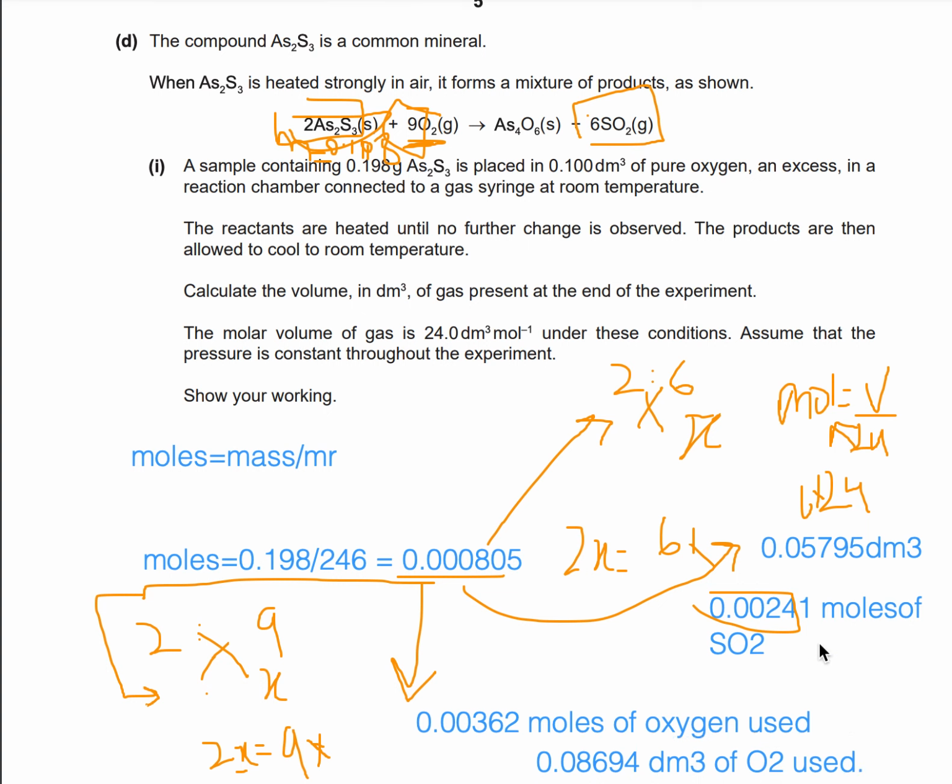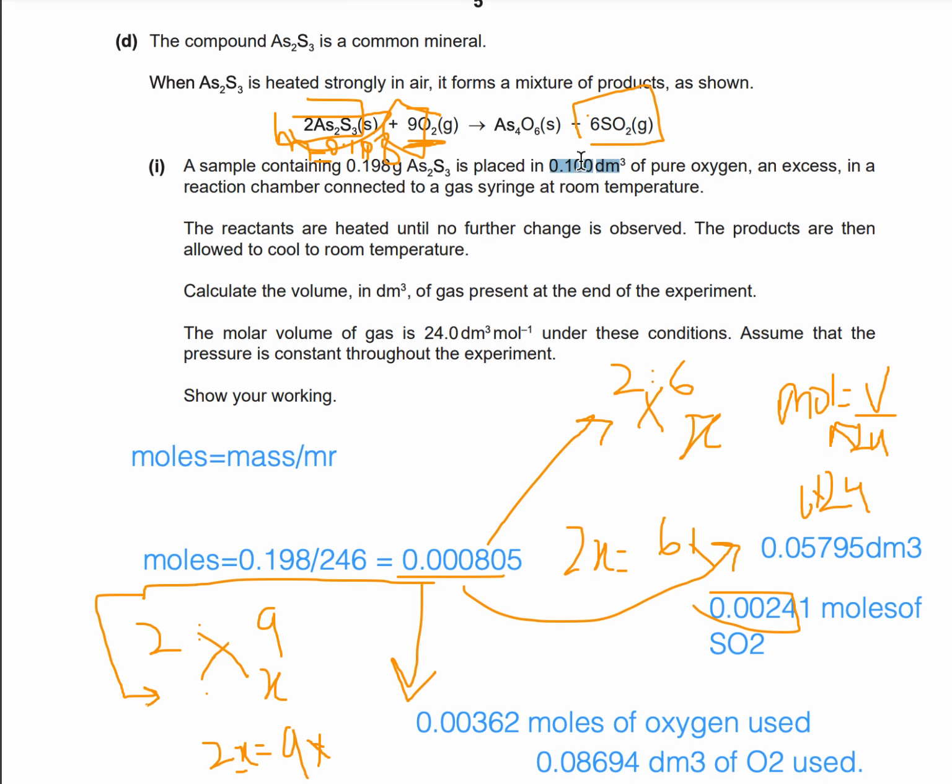Now over here we need to find the volume which is present at the end of the experiment, right? This is the volume which is used, and this is the volume which was given at the start.